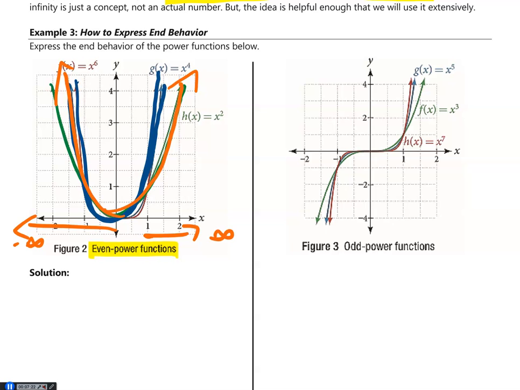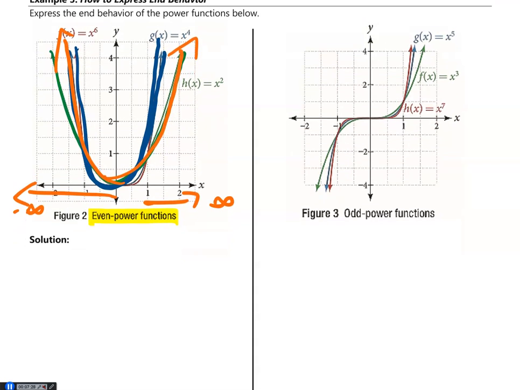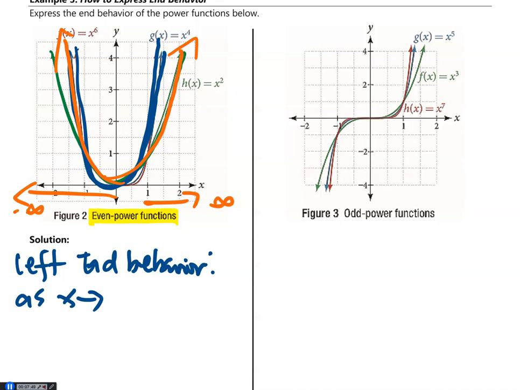Yes, the graph goes to infinity also. So how do we write that? We can have a left end behavior. As x approaches negative infinity, our f(x) is approaching positive infinity, as we go up.